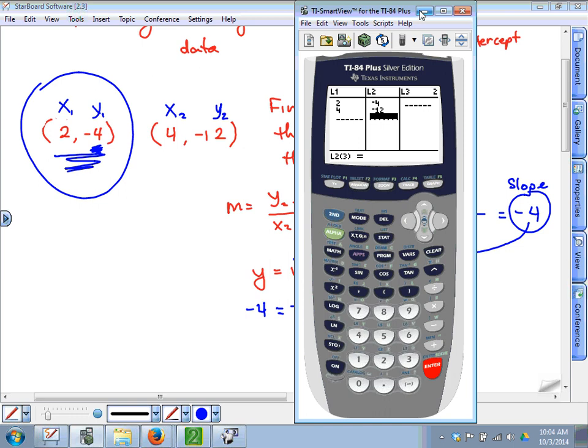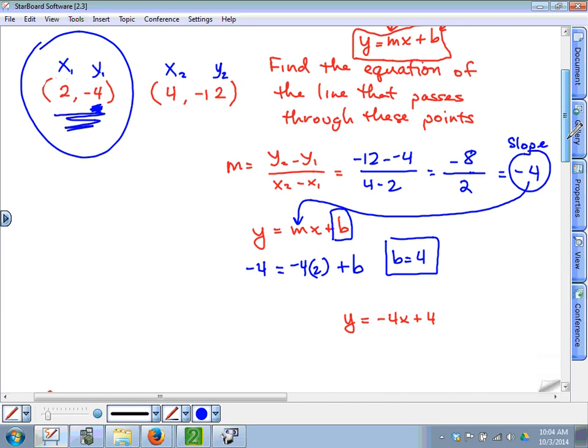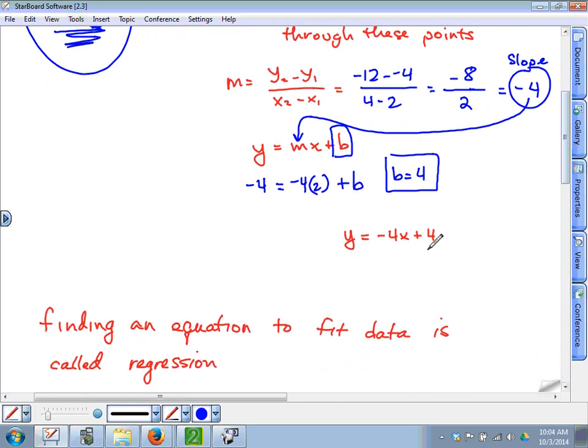Now, just for a moment, go back to your notes. You need to write this down. Finding an equation that fits data is called regression.